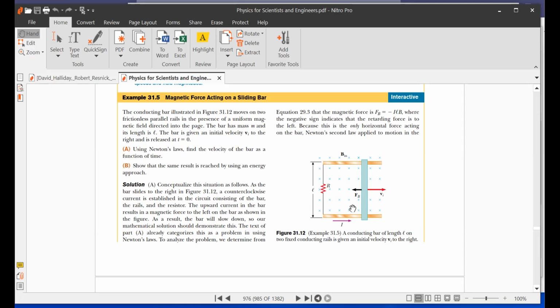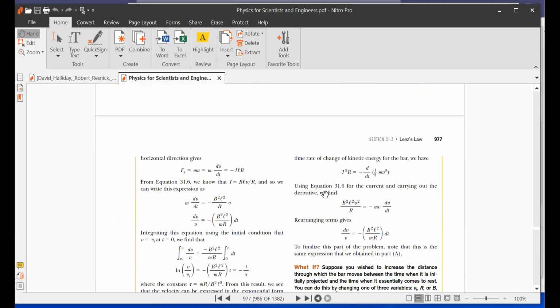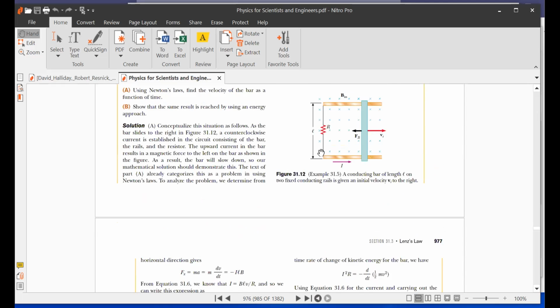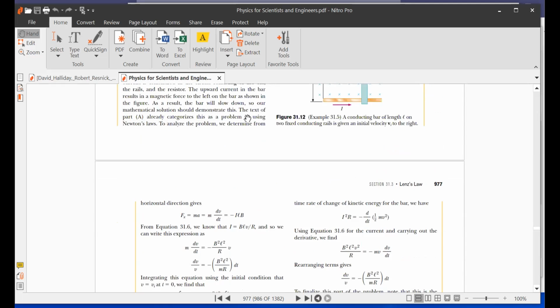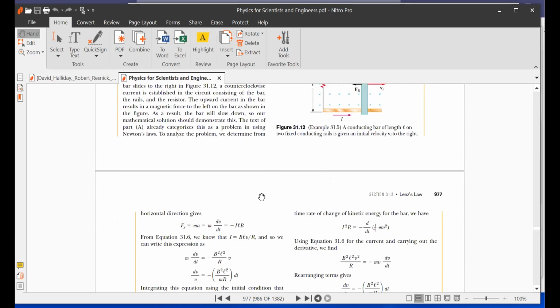The external force may be only this FB. From the picture, because there is no applied force as in the previous example, we have Fx equal to ma, which equals FB. This FB is minus ILB.